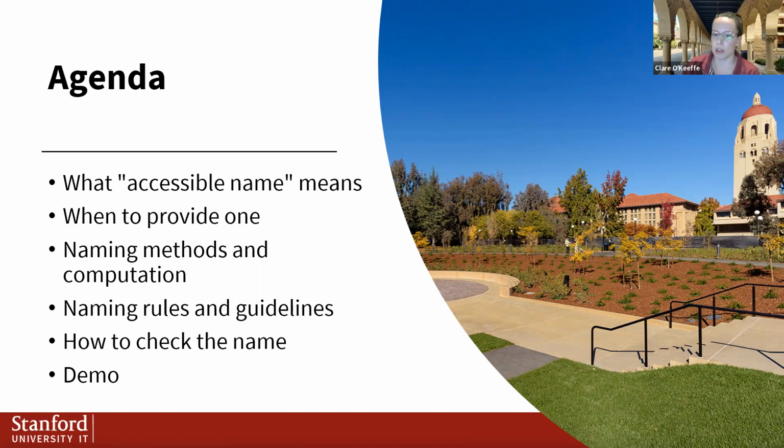We will go over some naming rules and guidelines to assist you when you may need to provide accessible names for things. How to check the name if maybe you're testing something or looking into someone else's code and are not sure what the accessible name of something is. We'll give you some tips on how to actually check that and verify it. And I'll do a demo at the end of some different things that are named in different ways, and also how to do that checking on how the name is calculated.